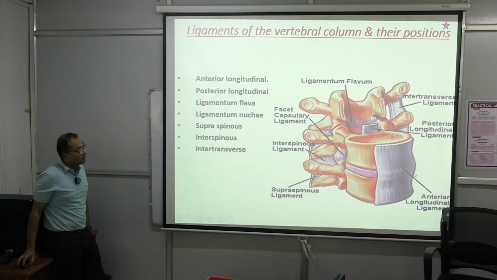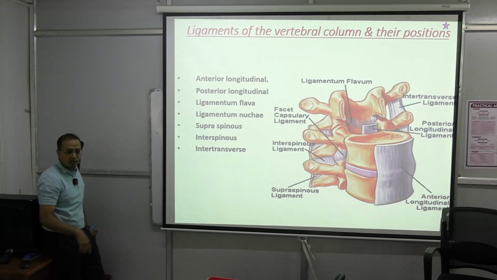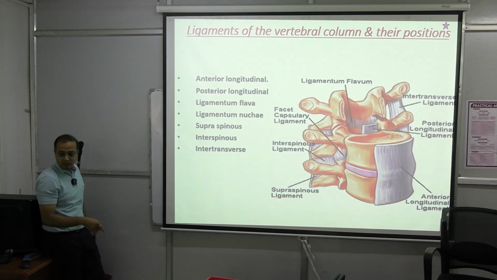Now, anterior to the vertebral body we have a ligament, and posterior to the vertebral body we have another ligament. These vertebral ligaments, on the anterior and posterior parts of the vertebral body, run throughout the length of the vertebral column. They run up and down longitudinally, so they are known as longitudinal ligaments.